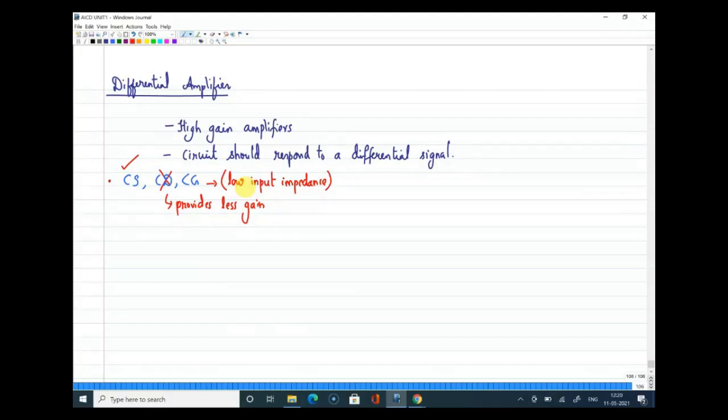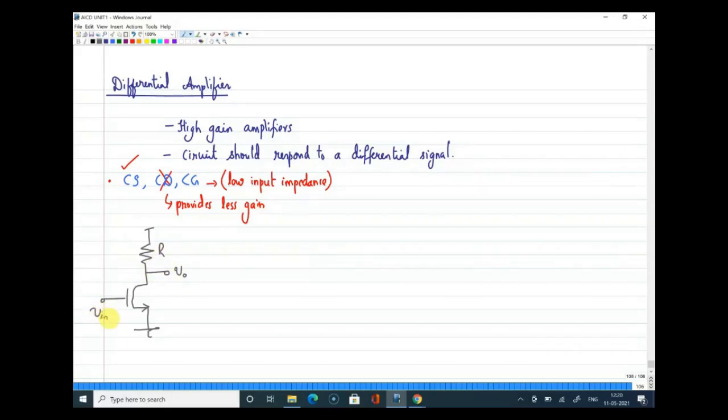The only thing we need is a circuit which can provide high gain and can also respond to a differential signal with high input impedance. All right. So with that in mind, let me go for the CS amplifier circuit, because that is a suitable candidate for this. Now this is R and this is V naught, and this is the point V in.